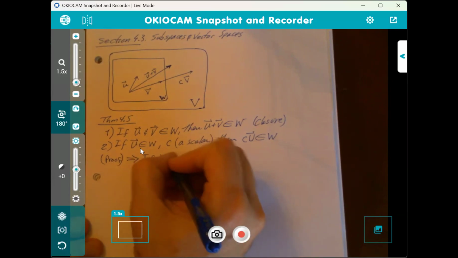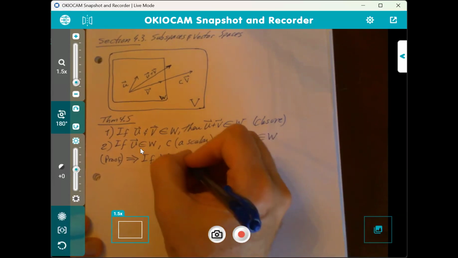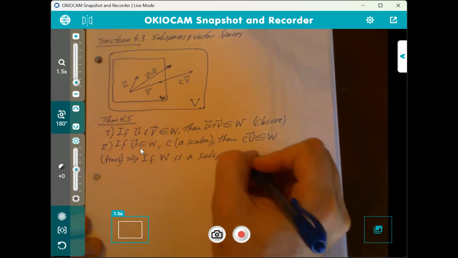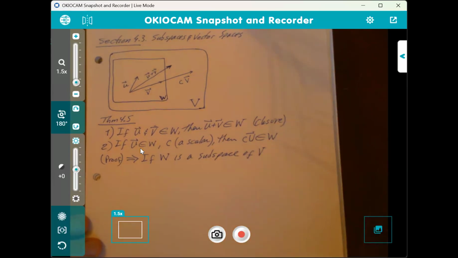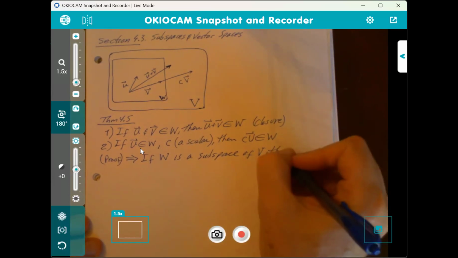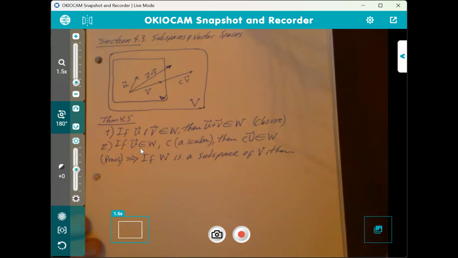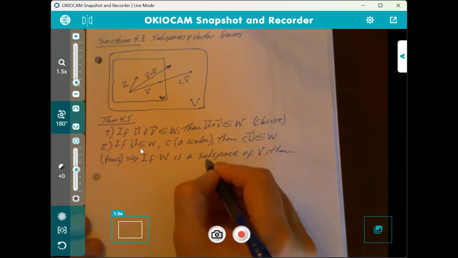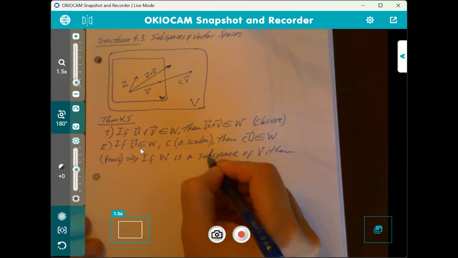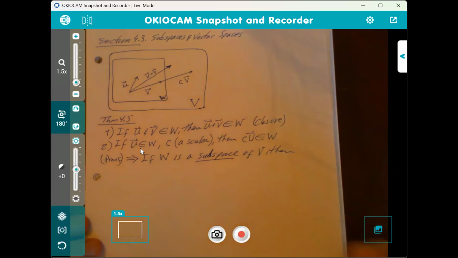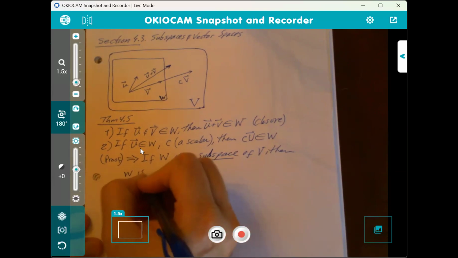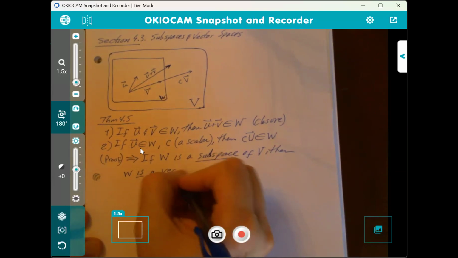Well, if W is a subspace of V, then W is a vector space, right?